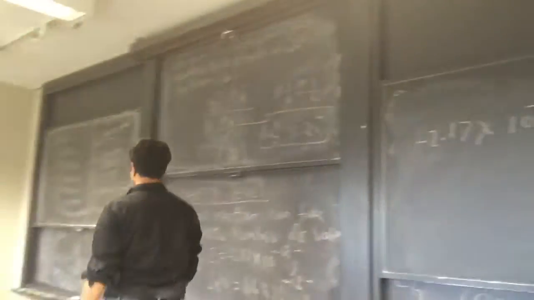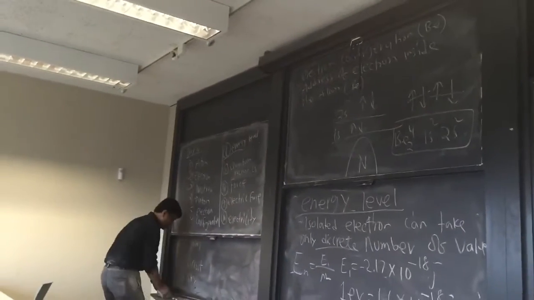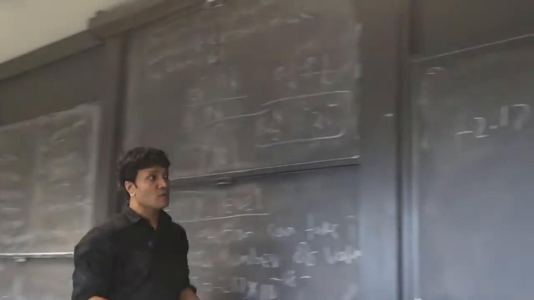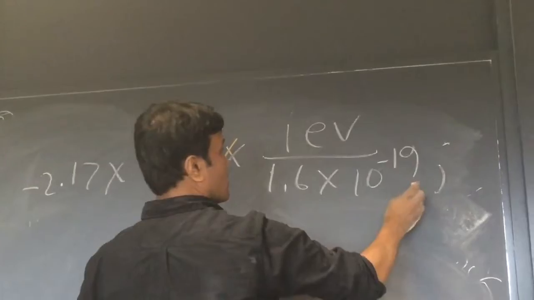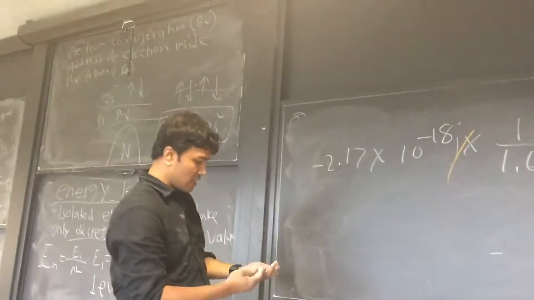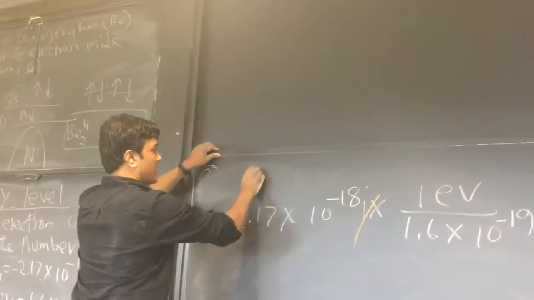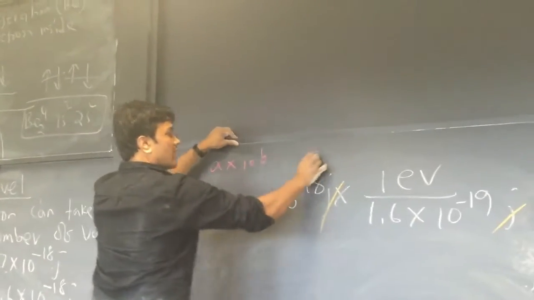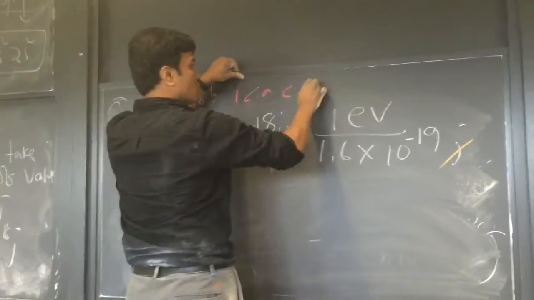So what are we going to do? We cancel the joule. Now, if you remember scientific notation, A times 10 raised to B, where A is between 1 and 10.